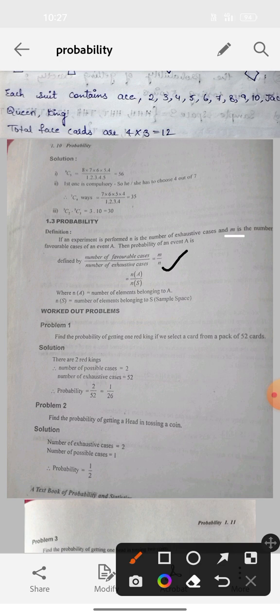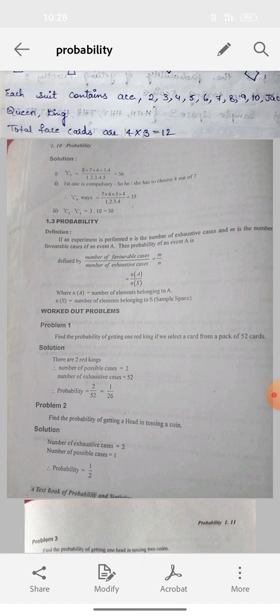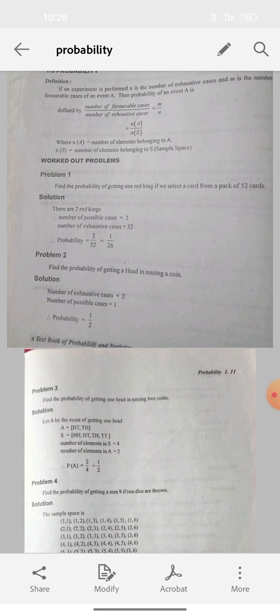This is the formula we will use in the entire probability chapter, so it is a very important formula. Favorable cases are the cases of a particular event which has happened, that is n of A, and exhaustive cases are the sample space. We will also discuss what sample space is and what n of A is in the coming problems, and you will understand it better. So for the time being, let's move on to the problems first.